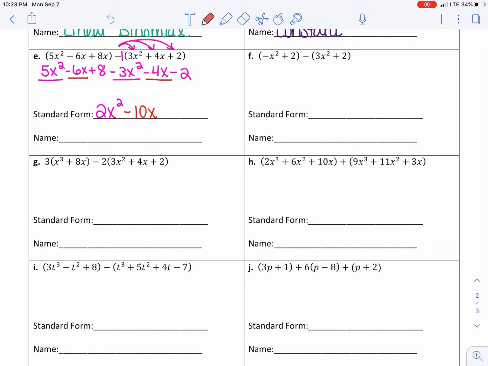And then if you look here, we have an 8 and a negative 2. So 8 minus 2 gives me a positive 6. So my highest exponent here is a 2, which makes this a quadratic. And then I have 3 terms, which makes it a trinomial.